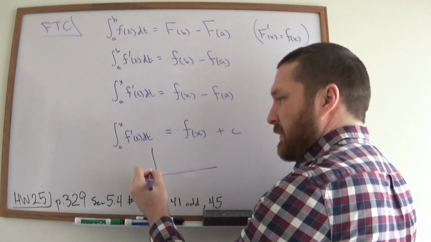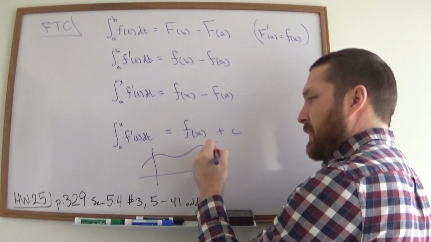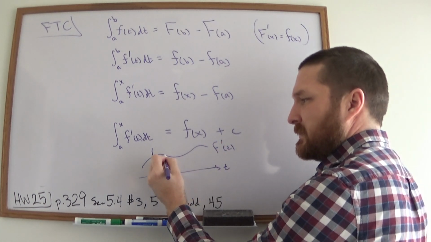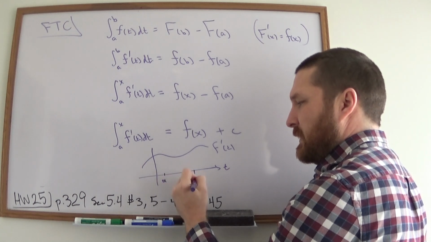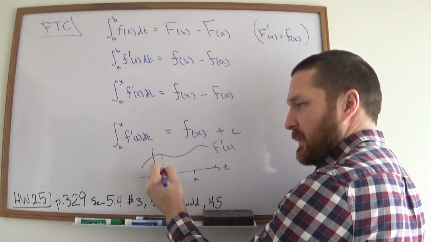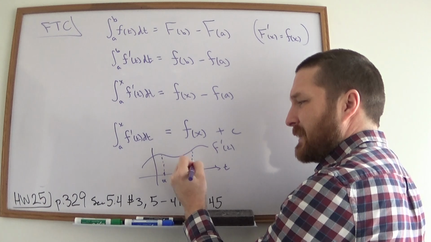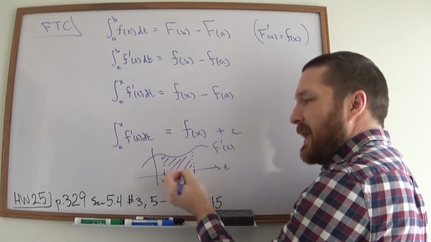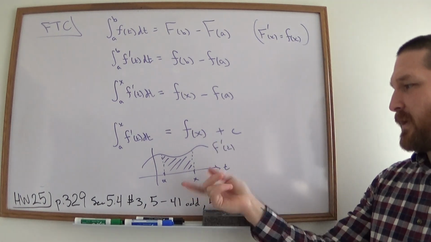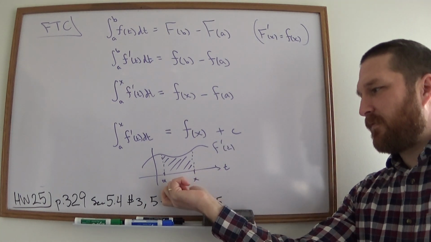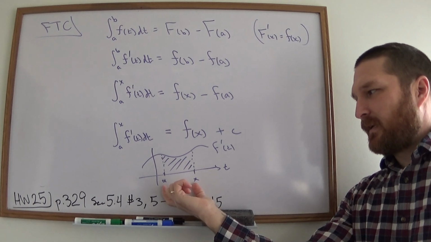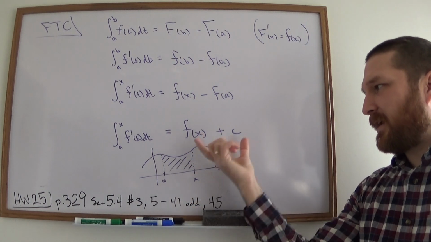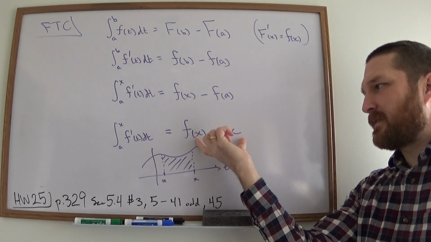And in pictures here, if this is f prime of t, and this is my t-axis, and we have two numbers, a and x, thinking about a as some given constant, and x as a variable, then that area from a up to x is the region over which you're integrating, and that area is given by this.